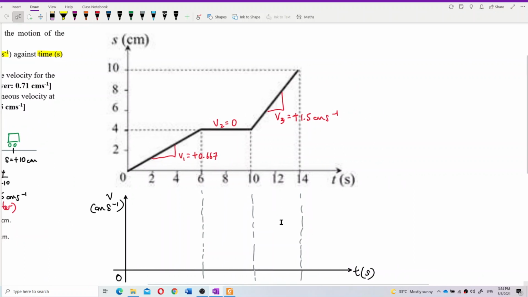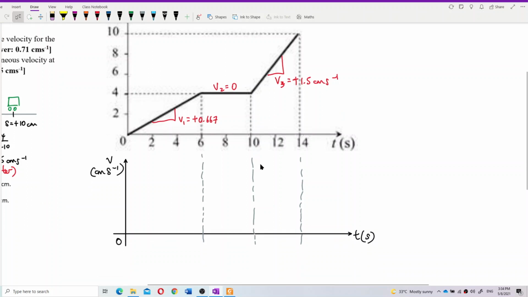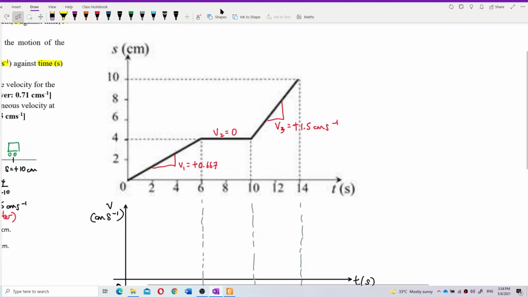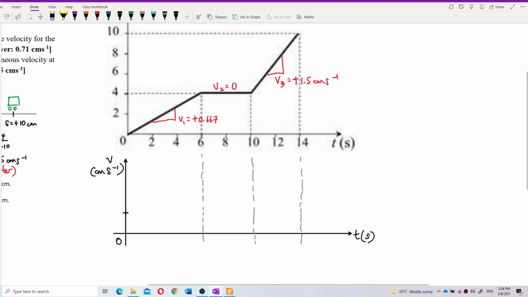So I just draw the graph. The first part is here, 0.667, a straight line. I use a line to draw. This is the v1. And then here again 0, the second part is 0. And then draw another one over here, higher speed.